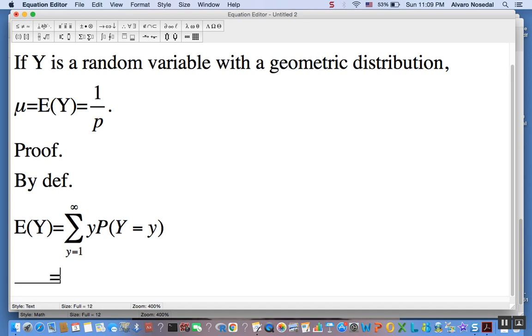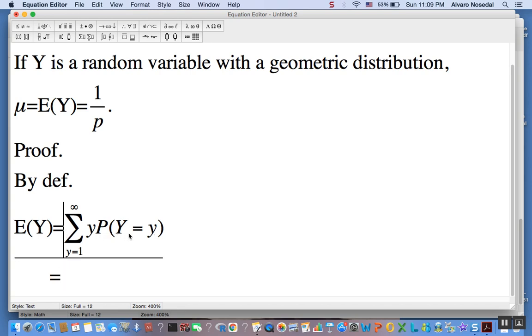Okay, so now remember that we have an expression for the probability mass function of a geometric random variable, and it looks like this. If you want the probability of needing lowercase y trials to observe your first success, that means that the first y minus 1 trials were failures and the last one was a success.